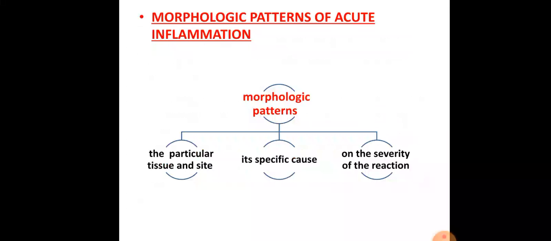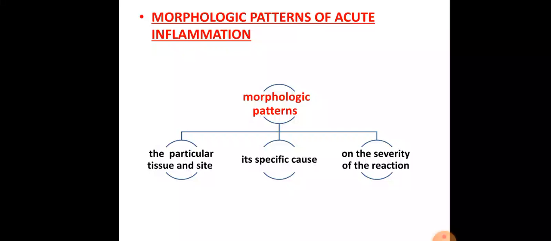The morphological pattern of acute inflammation depends on specific characteristics that lead to a particular pattern. It depends on the severity of the reaction, the specific cause of the acute inflammation, and the particular tissue and site involved by the inflammation.